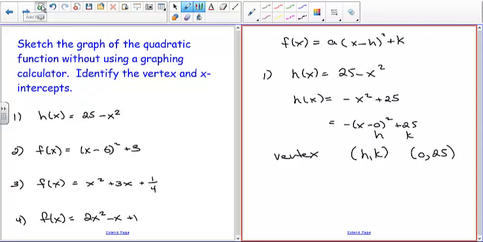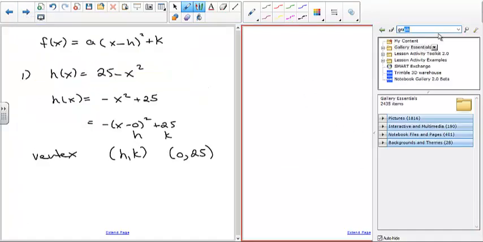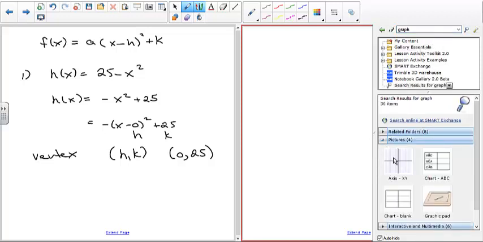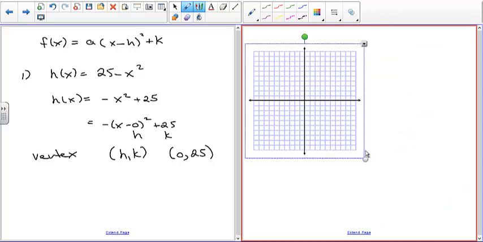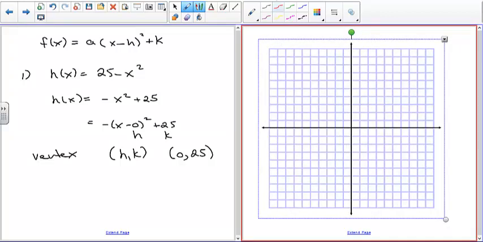One thing we'll have to do is we may have to change the scale of the graph to fit the function. So you basically want to scale it so you can see the most detail of this function. So obviously, if the vertex is going to be at 0, 25, it means that we're going to have to go up at least to 25 here.